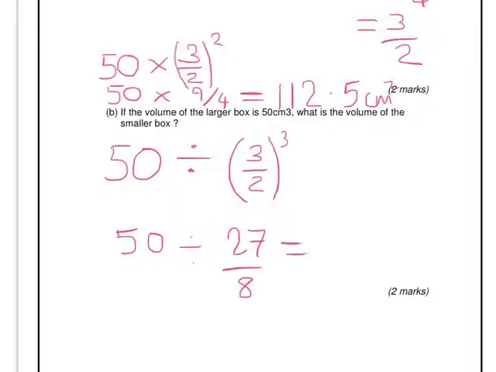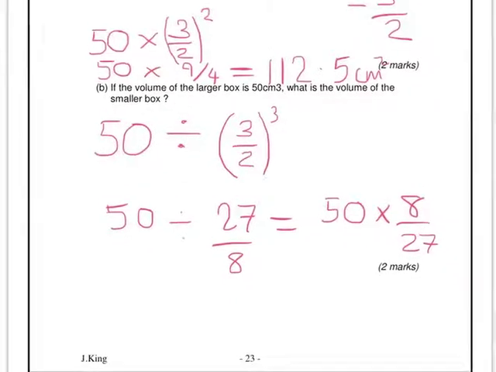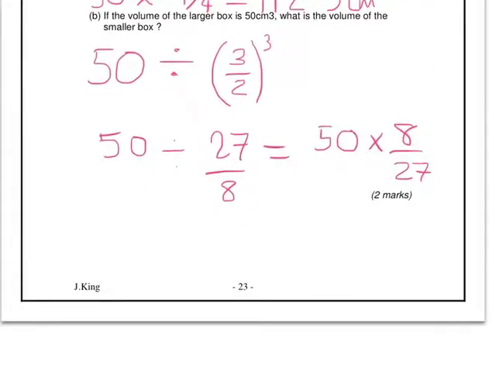This is the same as 50 multiplied by 8 over 27. This seems like quite a complicated question for a non-calculator paper, so it is possible that it's been made up with a question from a calculator paper. But 50 times 8 divided by 27 is actually equal to 14.81. Okay, so that would be the answer.